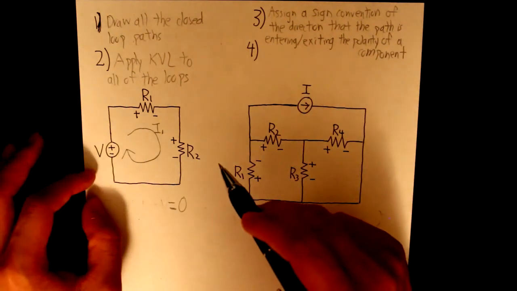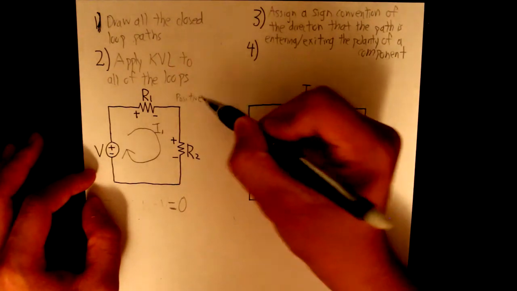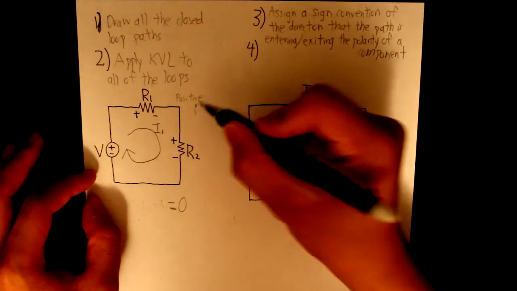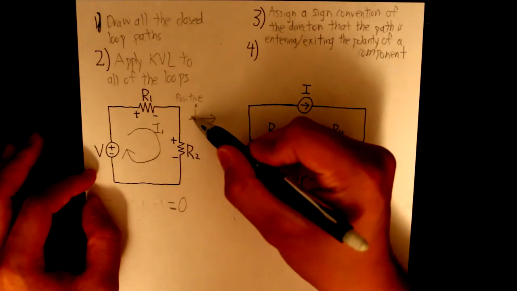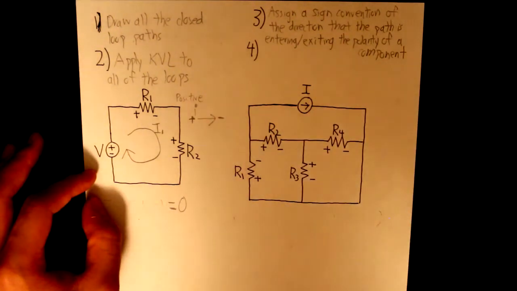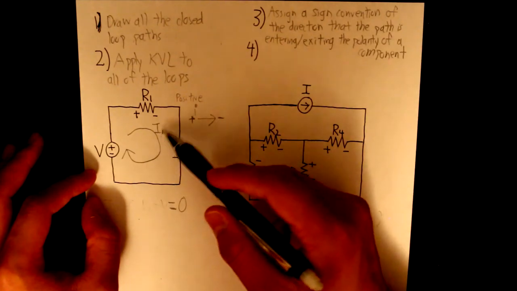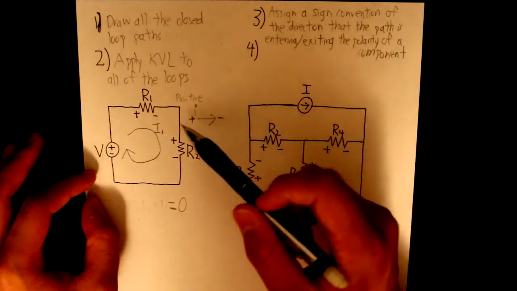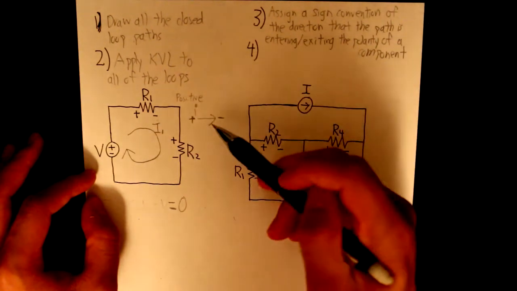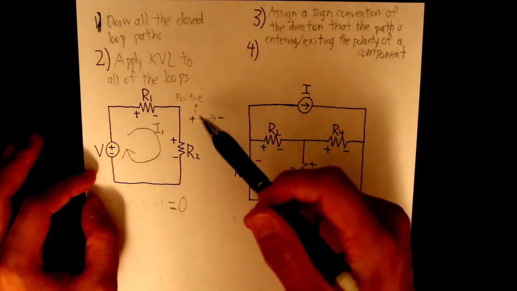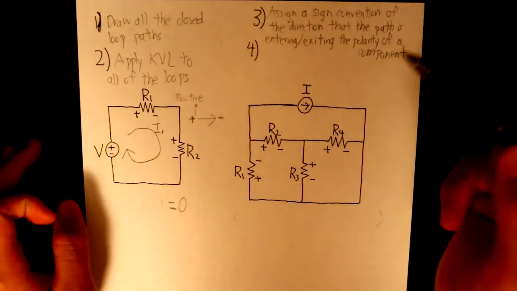So we'll assume that it is deemed positive when the current, so we'll draw an I here, travels from plus to minus. So we'll depict I1 as I, so if I travels from plus to minus, then that term would be positive, but if it's the other way around, where the current is traveling from negative to positive, then the term would have a negative sign convention.